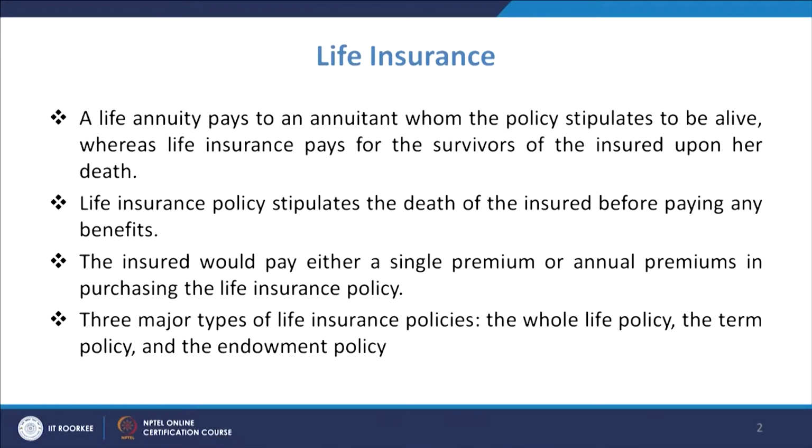Now, a life insurance policy stipulates the death of the insured before paying any benefits. The insured would pay either a single premium or annual premium in purchasing that life insurance policy. So, he has to purchase that policy, and he may pay a single payment, or he may pay in annual terms.